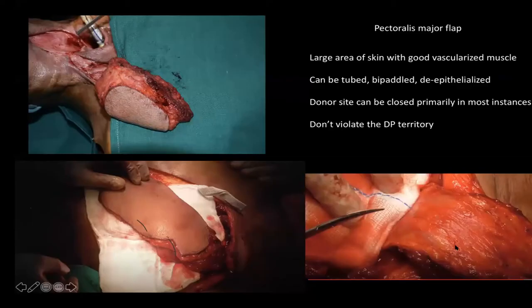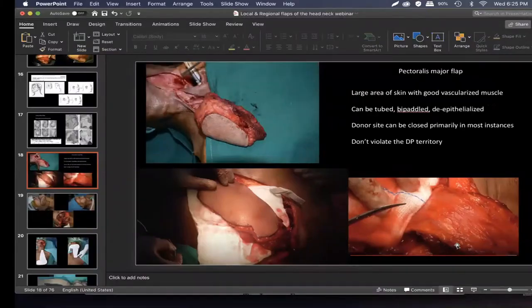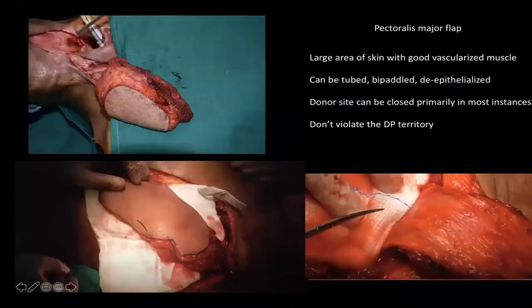Now, it's always useful to divide the lateral and medial pectoral nerves, because if you divide the lateral and medial pectoral nerves, the bulk of the muscle will shrink, and the muscle will atrophy quicker. So you don't have the unsightly bump over the clavicle, or the bulk in the oral cavity might reduce after some time.